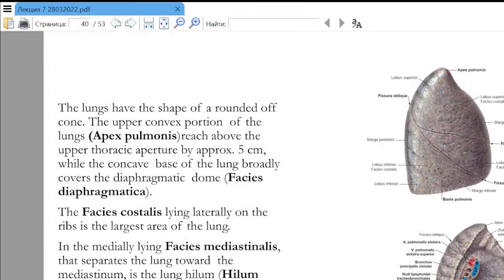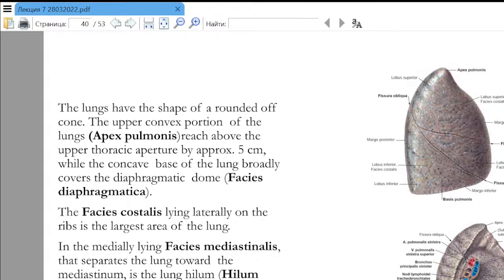The lungs have the shape of a rounded-off cone. The upper convex portion of the lungs, the apex pulmonis, reaches above the upper thoracic aperture by approximately 5 cm, while the concave base of the lung broadly covers the diaphragm dome.